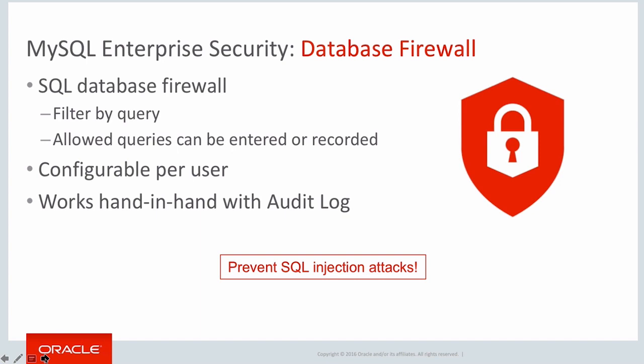It works hand in hand with audit logs, so it generates audit events and puts them in there if there are issues going on. As I said, it's up to the DBA to enable it, so you don't have to worry about any bad application code or the application developer. You can just create a whitelist and spin it out as you're spinning MySQL out into production.